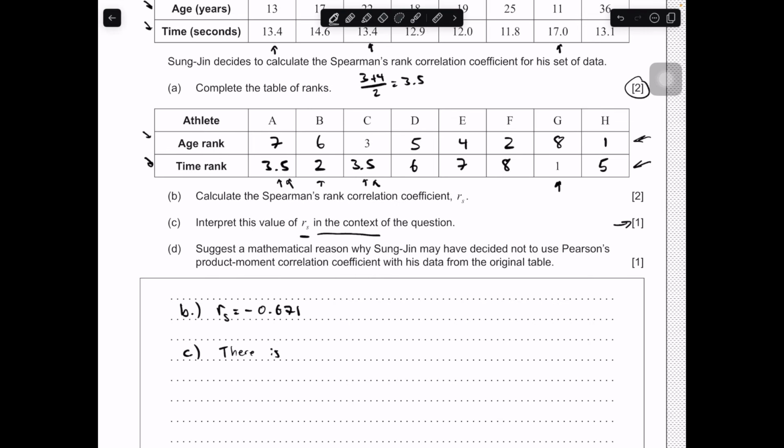There is, we can say, a moderate negative correlation between the ranks between, let's say, age and an athlete's time to complete 100 meters. 100-meter sprint.